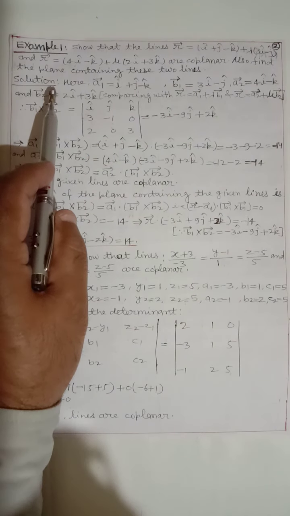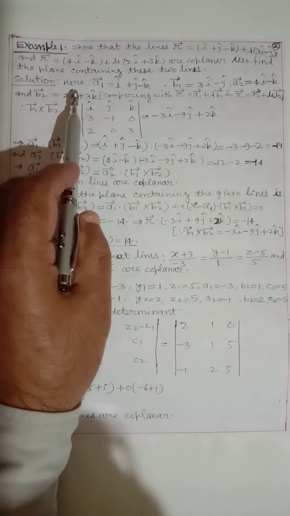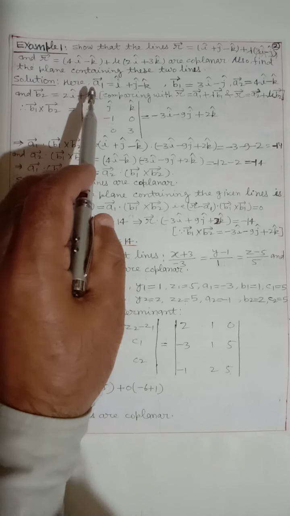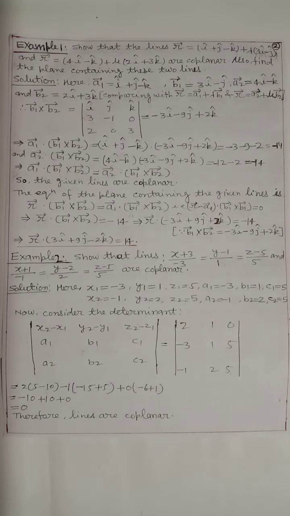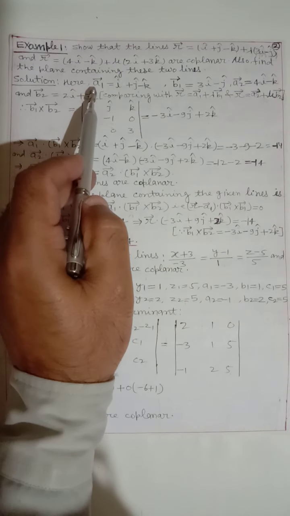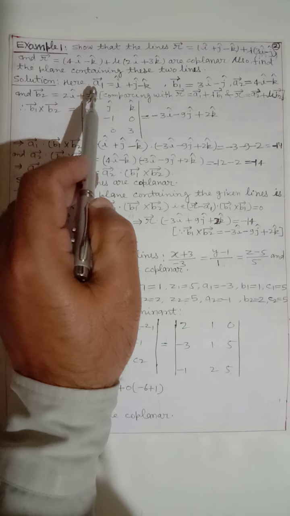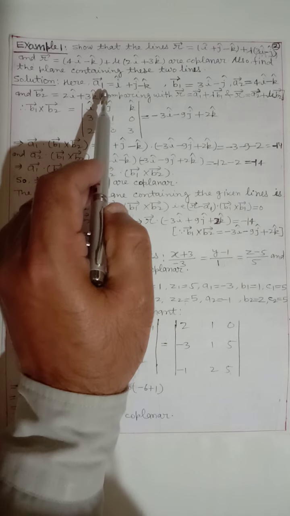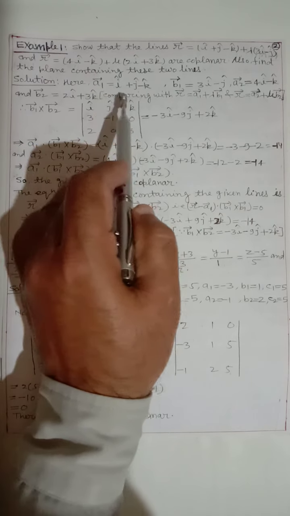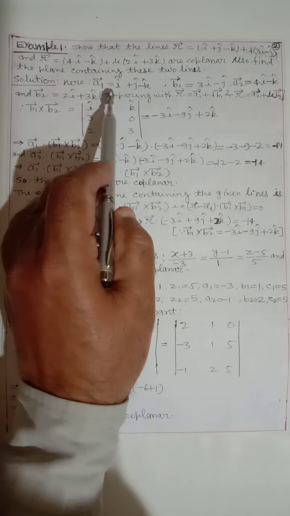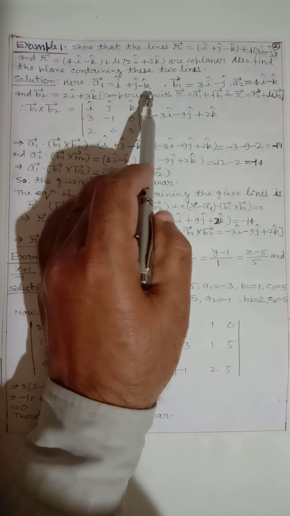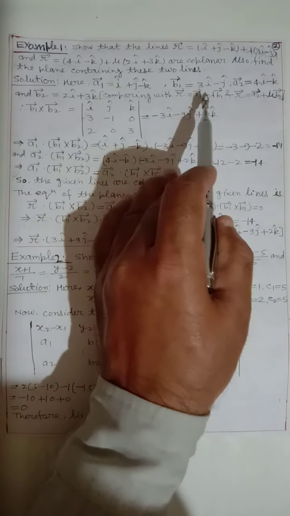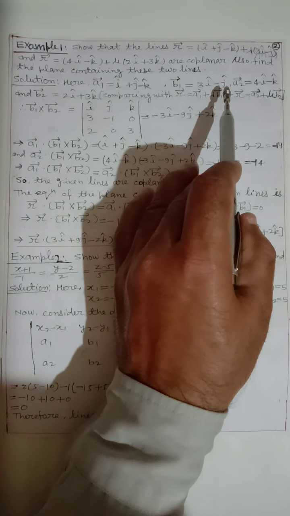To find the solution, here we have, if we compare vector r equal to vector a1 plus lambda vector b1, we get vector a1 equal to i cap plus j cap minus k cap and vector b1 equal to 3i cap minus j cap.